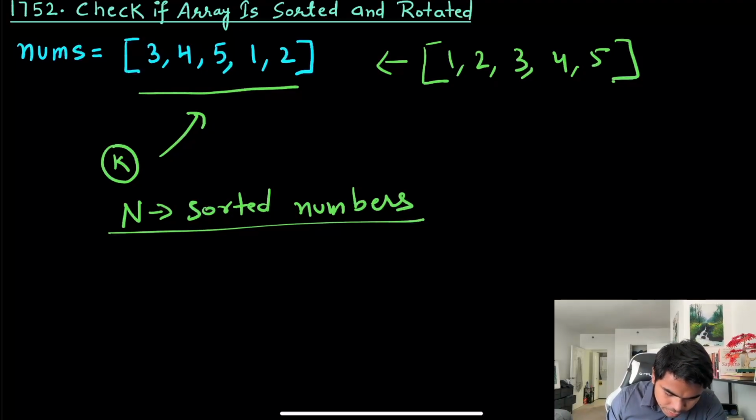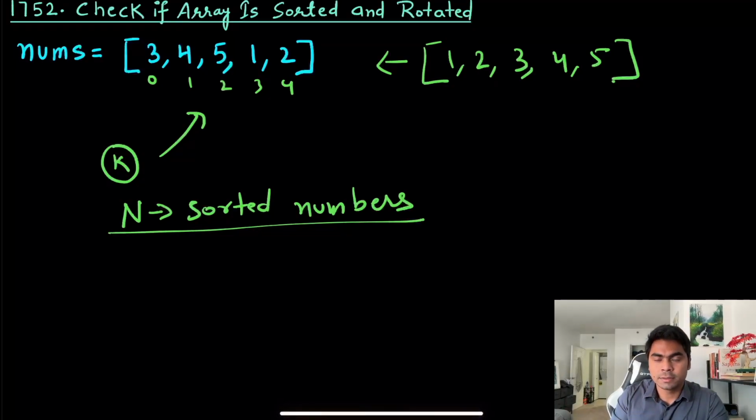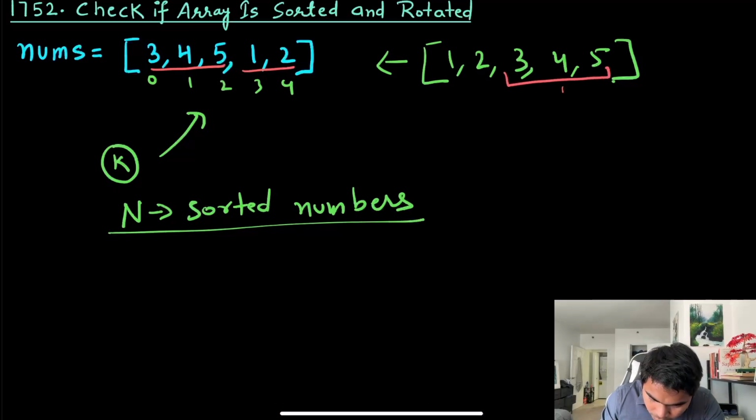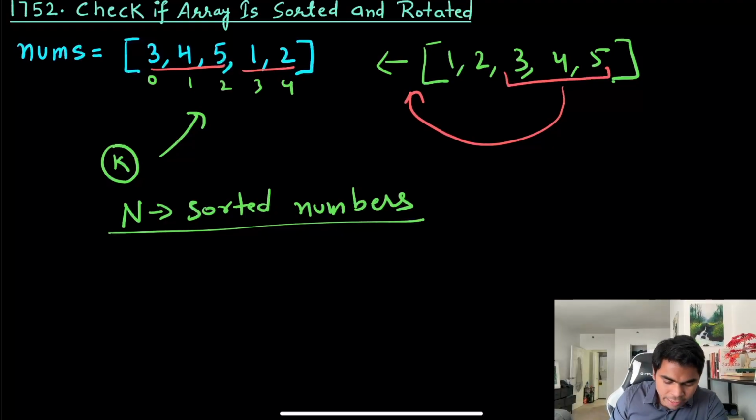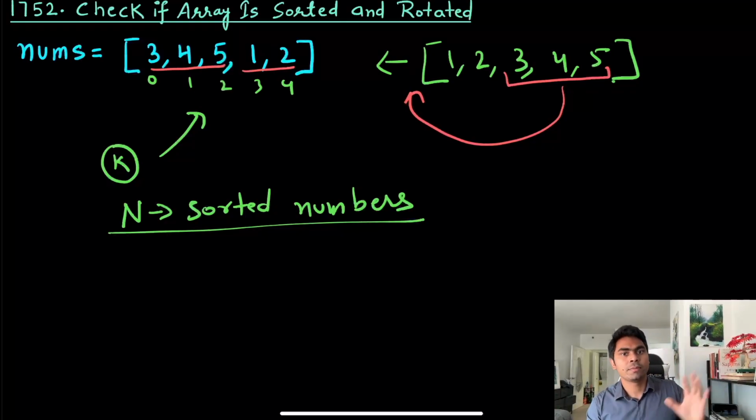Let's say these indexes are 0, 1, 2, 3, and 4. Now if this array was sorted before the rotation, it would have 2 sorted parts. Why? Because this array was sorted before the rotation, so this part is sorted and this part is sorted. The reason this is happening is because this sorted part was moved to the front. That is why in my rotated sorted array, if it was sorted before the rotation, I would be able to see these 2 sorted parts.